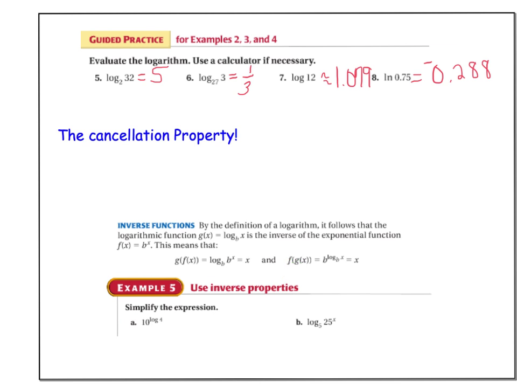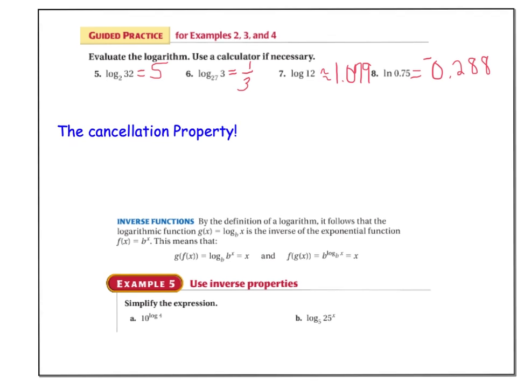I take g of x, which is log base b of x, and substitute it into f of x up here. And you can see again, because of that property I called the cancellation property, that you get x. So log base b of x and b to the x are inverses of each other. So that is just another property that we need to think about, the inverse property.